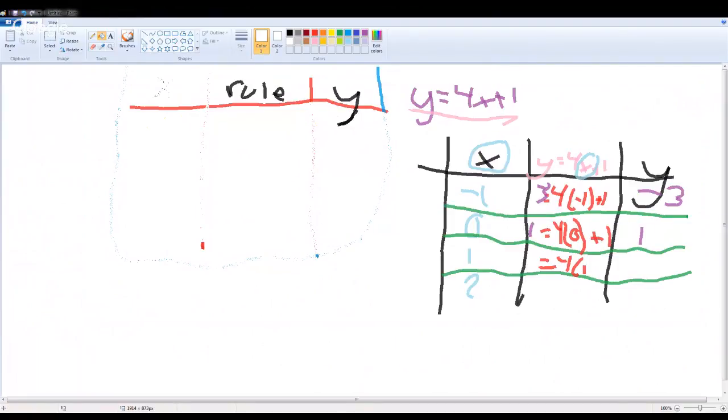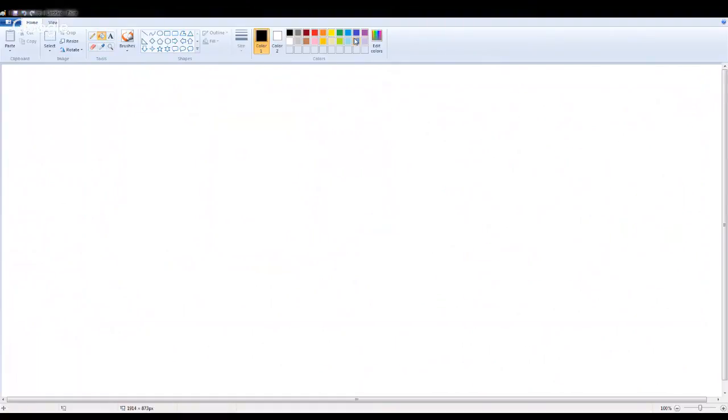Let's just do a new one, because I don't feel like erasing all this. Let me see if everything's doing good. Okay, everything's doing good. One second.